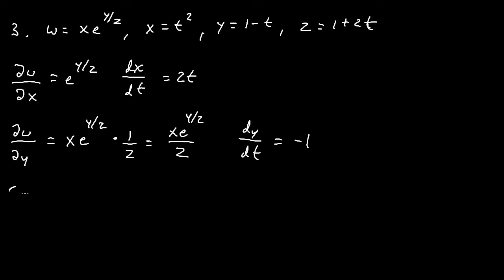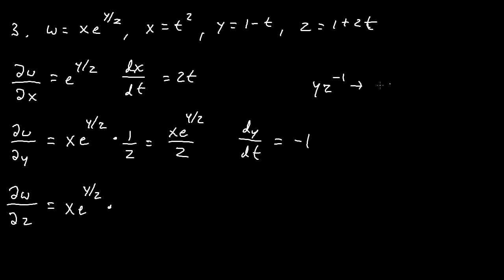So now let's find the partial derivative of w with respect to z. So this time z is going to be the variable, everything else is a constant. So once again, the derivative is going to be x e to the inside function, y over z, times the derivative of the inside function. So now if z is the variable, I can rewrite y over z as y times z to the negative first. Since z is the variable, I need to use the power rule on just z, and y is a constant.